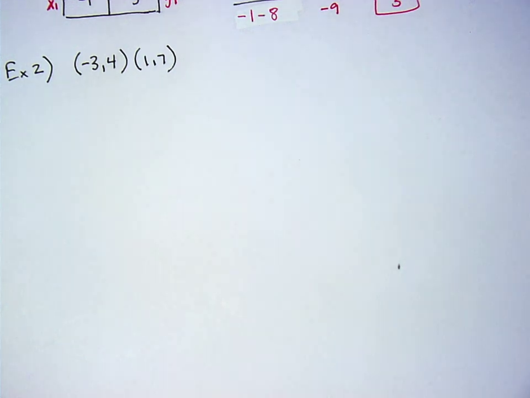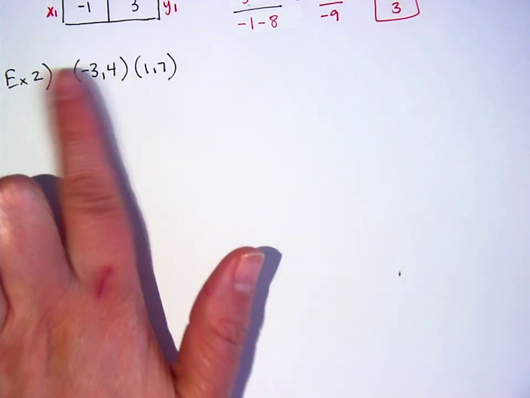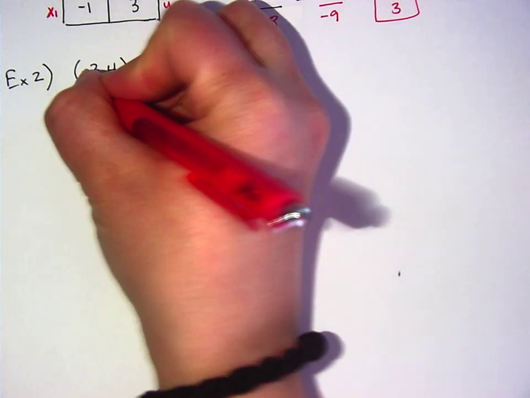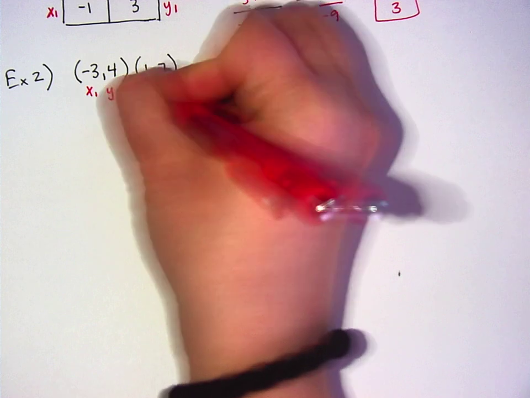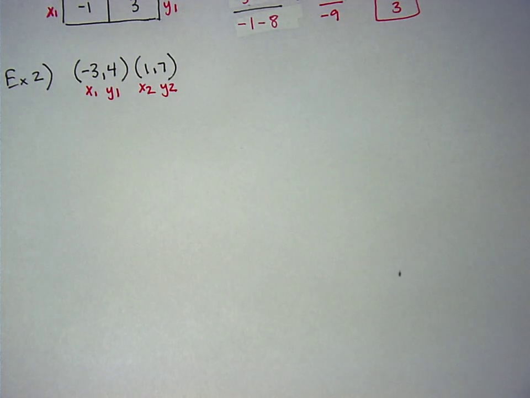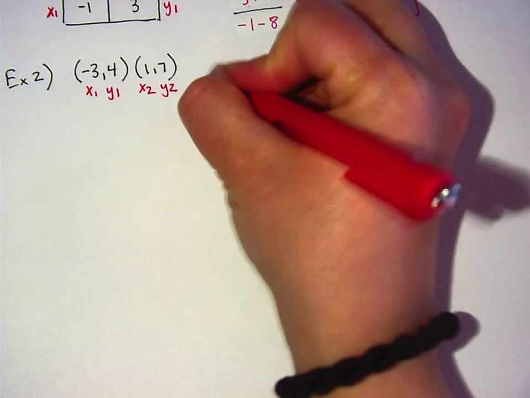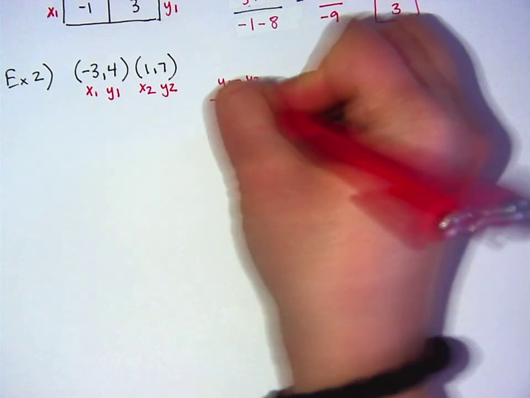Macy, which one do you want to be point 1? This one or this one? The first one. Okay, so this is x1, y1, and this one's x2, y2. Do you guys understand that the 1 and the 2 just means first point, second point? Okay, and again, the formula is y1 minus y2 over x1 minus x2.